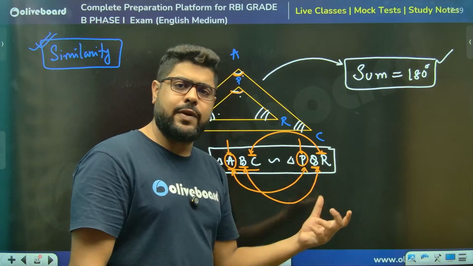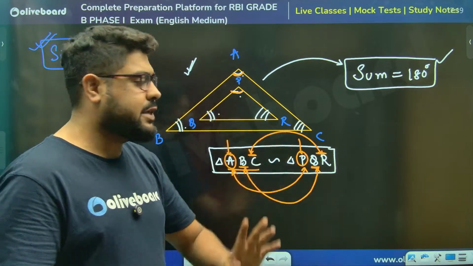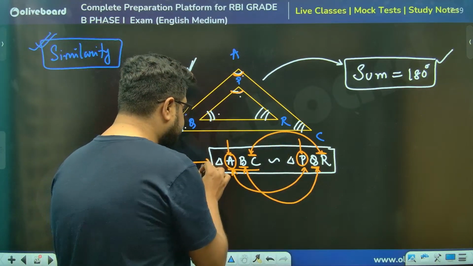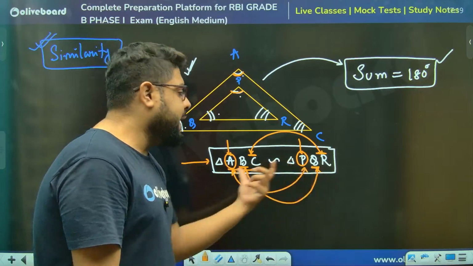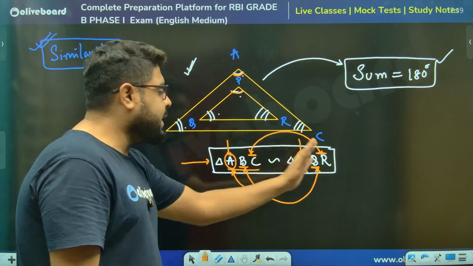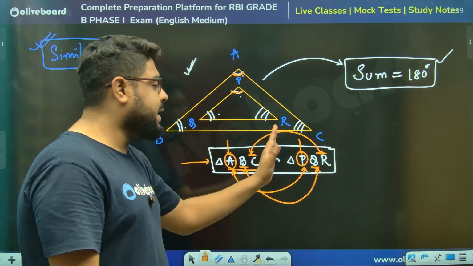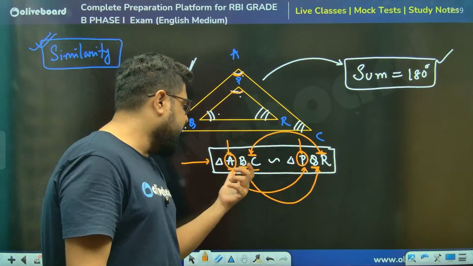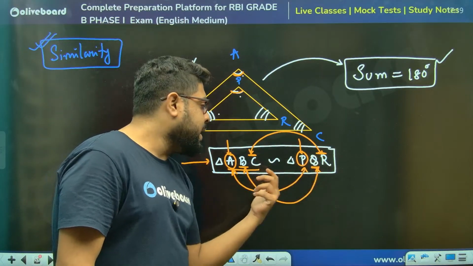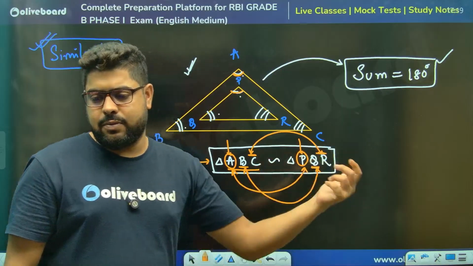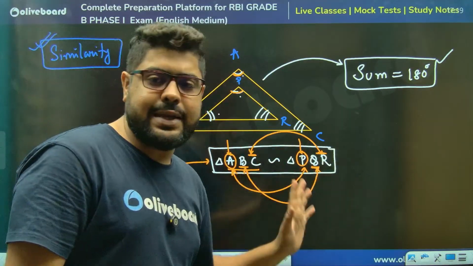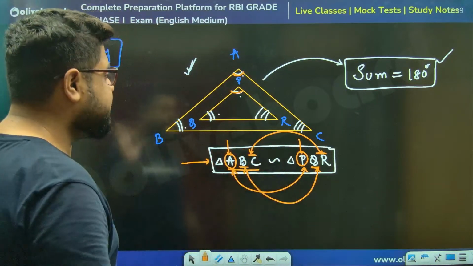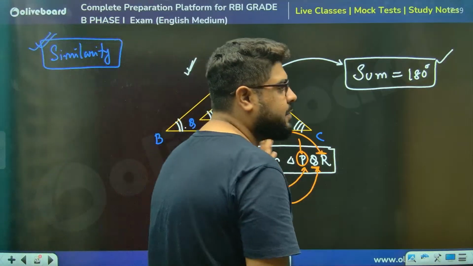So whenever you are writing this stuff, put some conscious effort and try to write it like this. Whatever angle is equal to A, keep that in the same line as A. Okay, everyone.